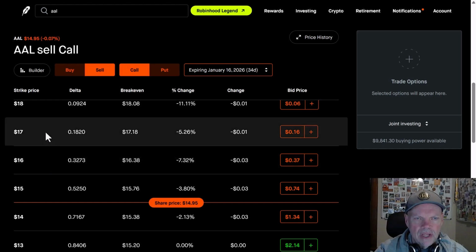So if we look at the $17 strike price, the delta is 0.18, meaning there's only an 18% chance that if you pick this strike price, your shares are going to get taken away. But if they do, remember, we assume that we paid $13.50, so you'd be profiting $3.50 off the shares. So that'd be a $3.50 return. So if you do the math, that's quite the lucrative return for 5 weeks on American Airlines.